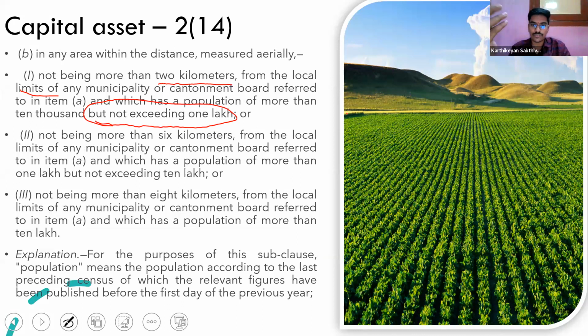So if it is situated within, assume for example, I'll just put it this way. White screen. Here is the white screen.